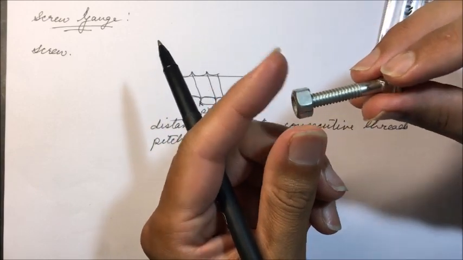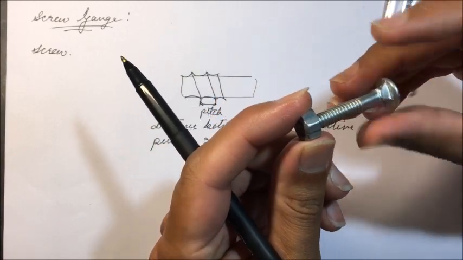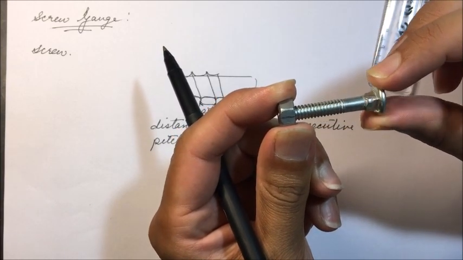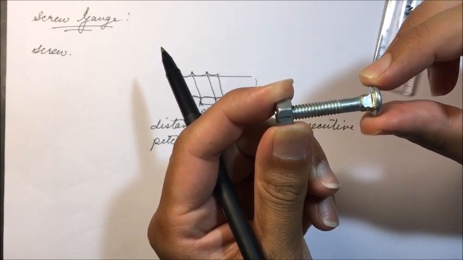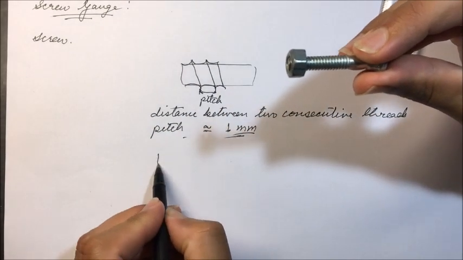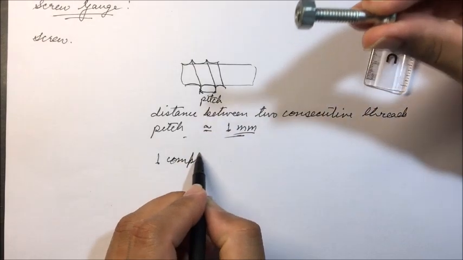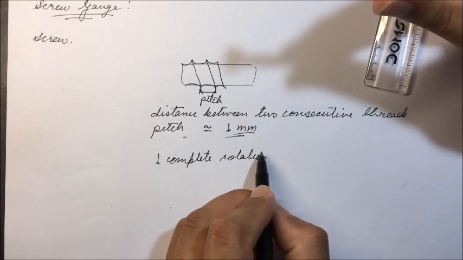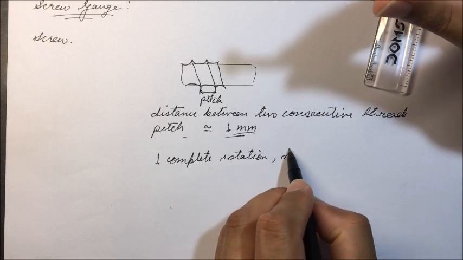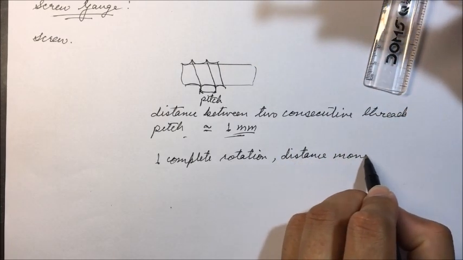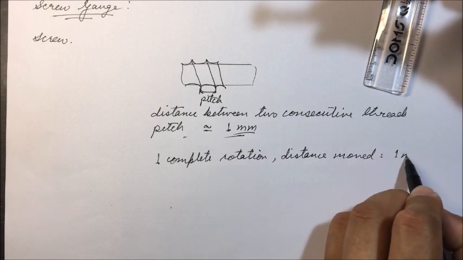Now you can see, if I am giving 1/4 rotation, this is 1/4 rotation. So the distance moved by the screw will be, see here, in one complete rotation the distance moved is equal to 1 mm.